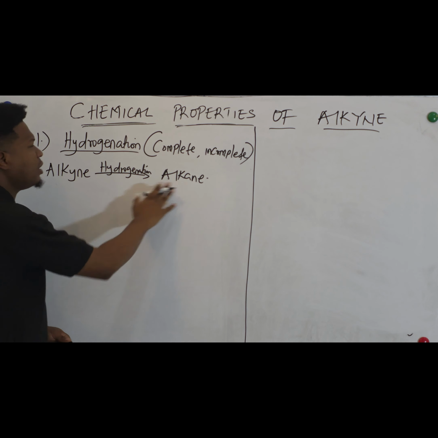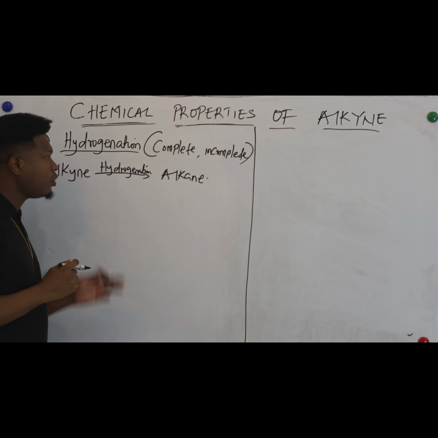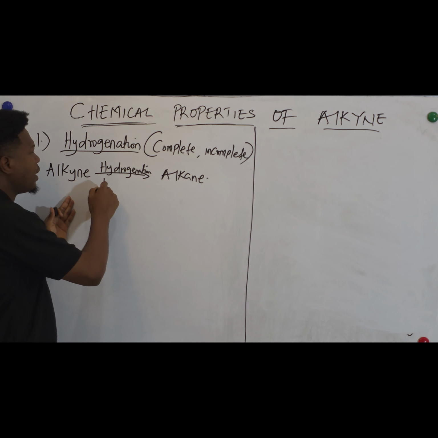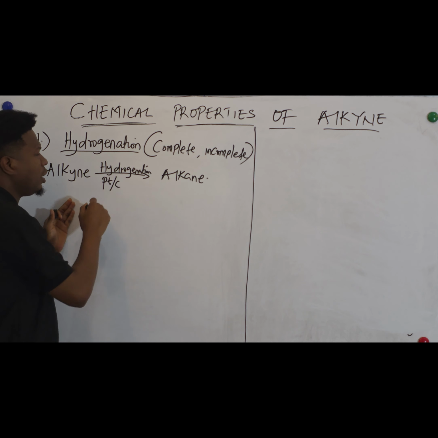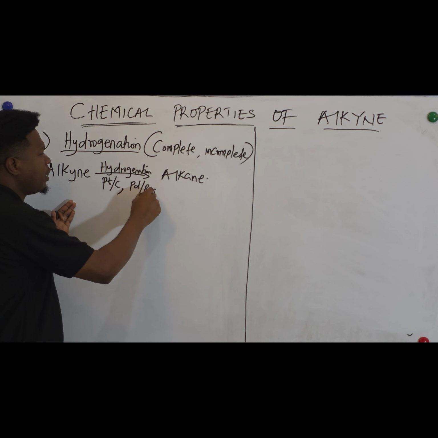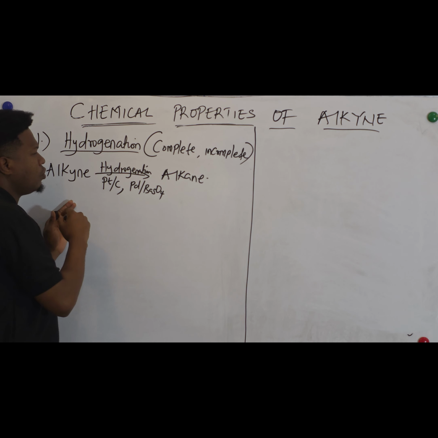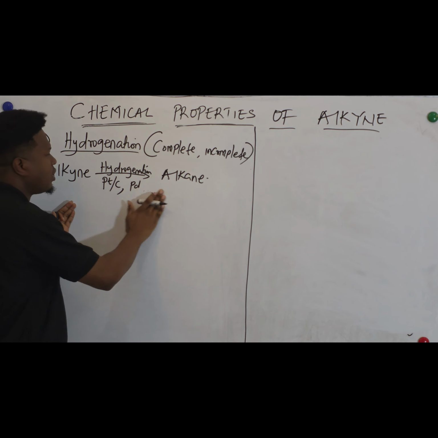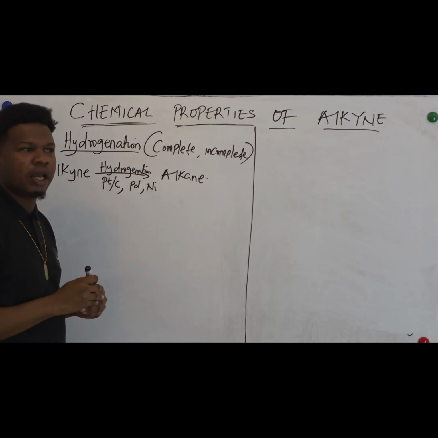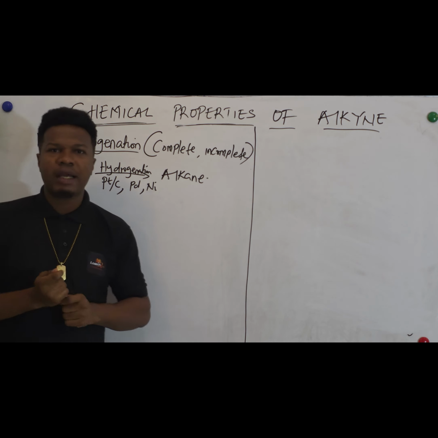And in order to achieve this, you have to make use of a catalyst such as platinum on carbon, or palladium on barium sulfate, or let's just say palladium and then nickel. Any of these catalysts can work, right?